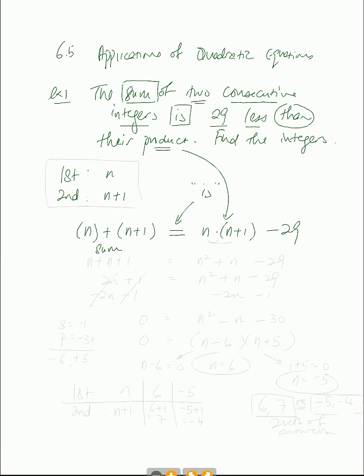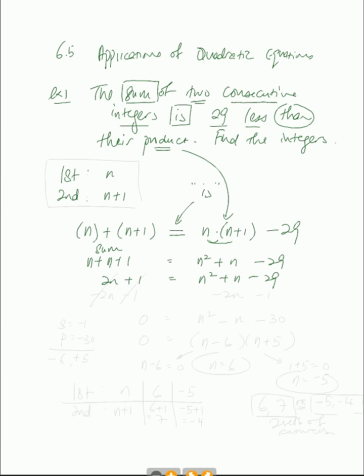Okay, so let's try to combine like terms. So n plus n plus 1 is equal to, let's distribute that, you get n squared plus n minus 29. So what you have is 2n plus 1 equals n squared plus n minus 29. To solve a quadratic equation, you must have 0 on one side.